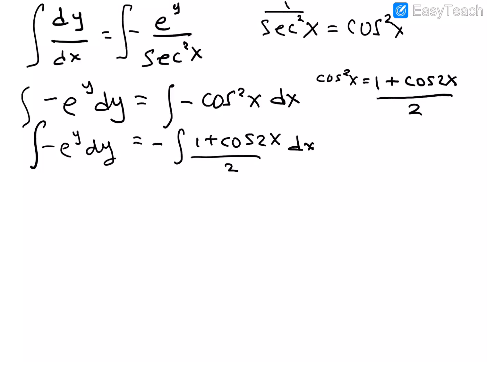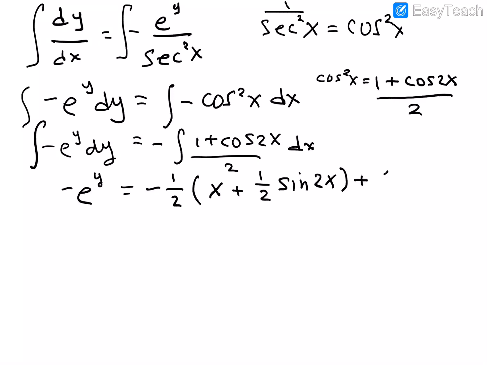Alright, so the integral of negative e to the y with respect to y will simply be negative e to the y equal to, this integral is negative 1/2 quantity x plus 1/2 sine 2x plus c.